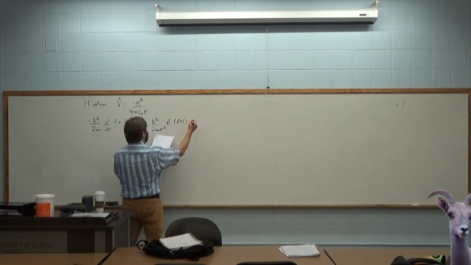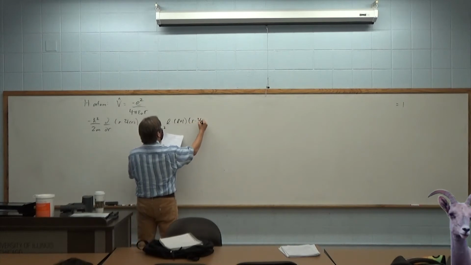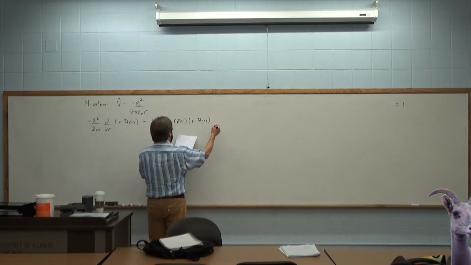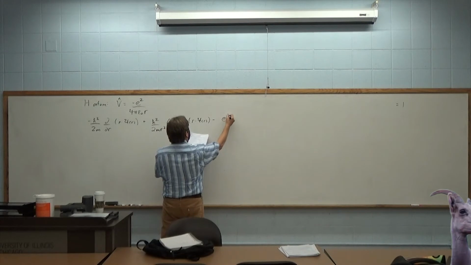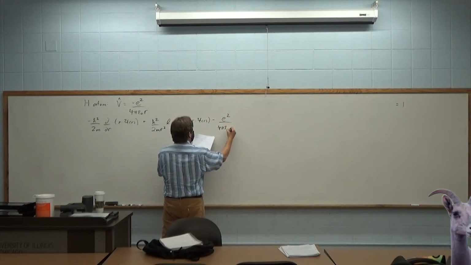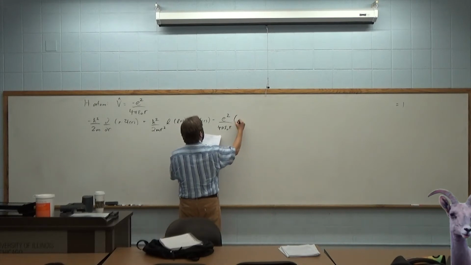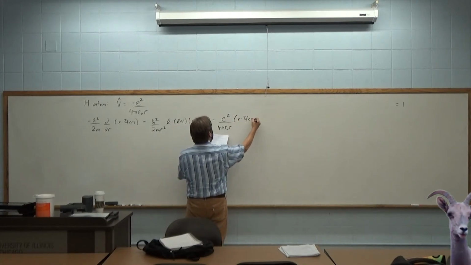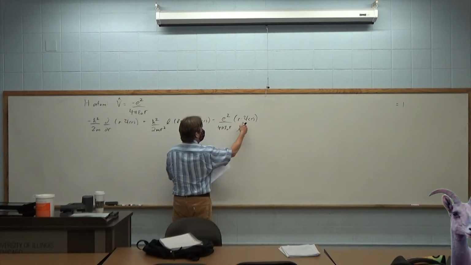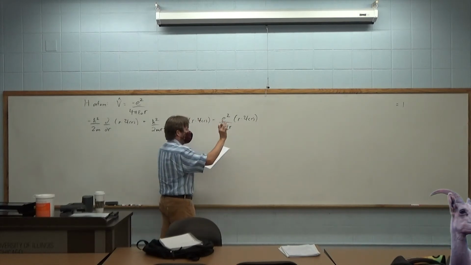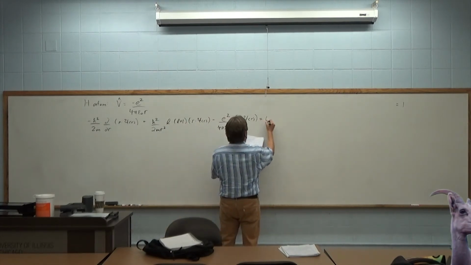There's the angular part, of course, multiplied by a function, and the electron interaction with the nucleus. The reason you want to represent it this way is because those r's cancel out, and that just makes it easier.